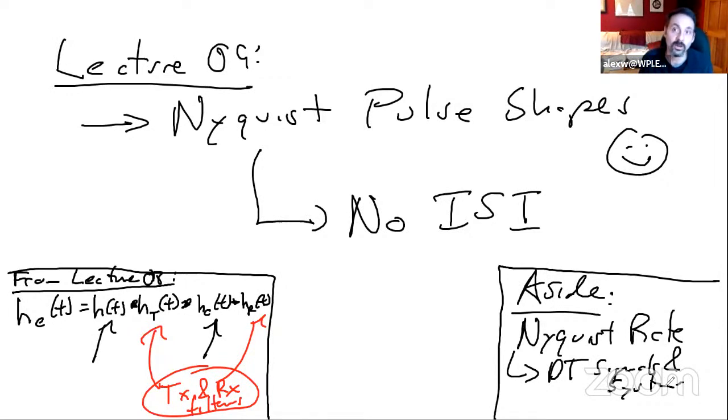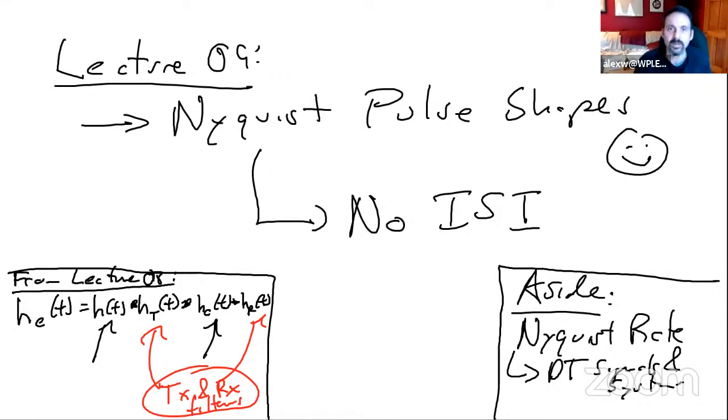That's when we were trying to sample an analog signal into a digital form, and it's the rate at which we can reconstruct that analog signal from these discrete samples without any aliasing. So that's a separate entity. Nyquist pulse shapes are different.